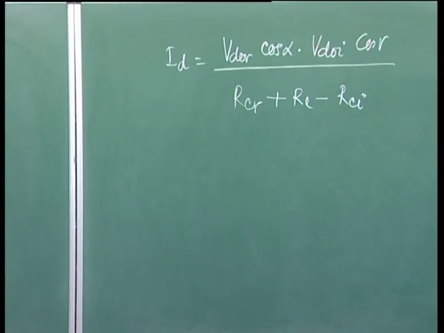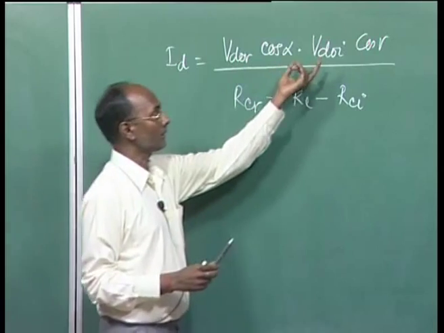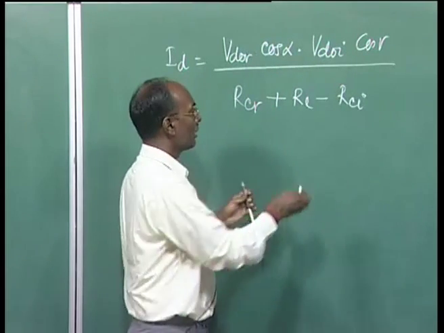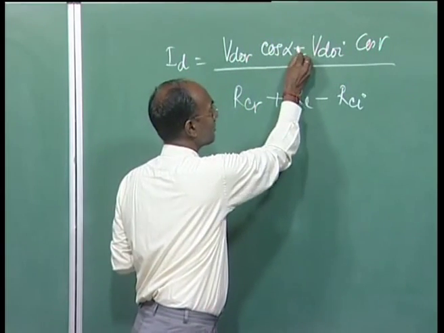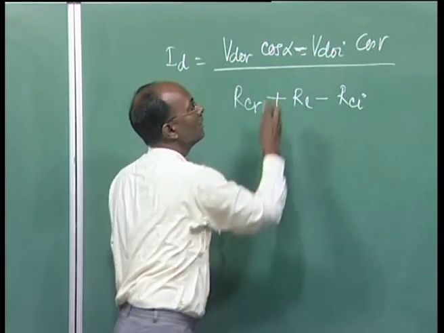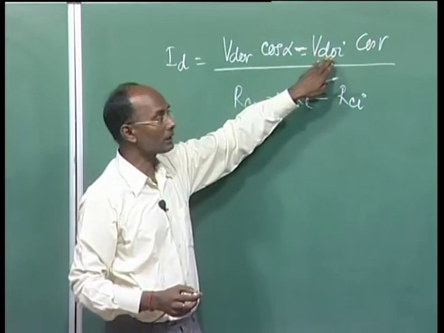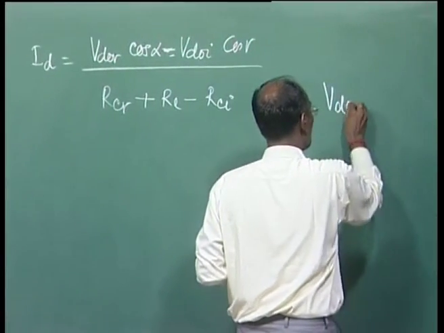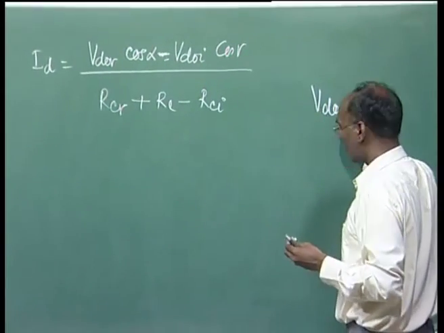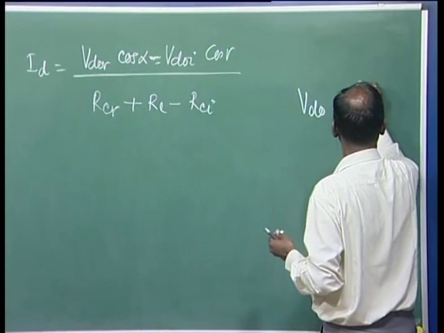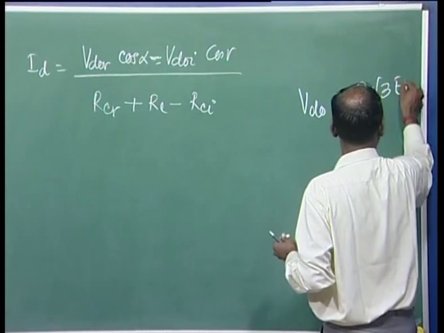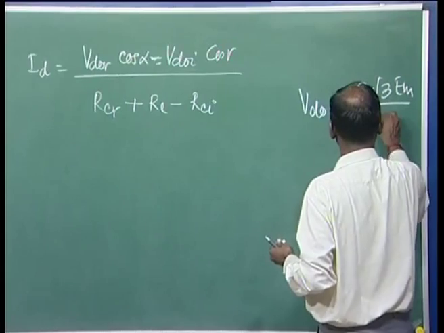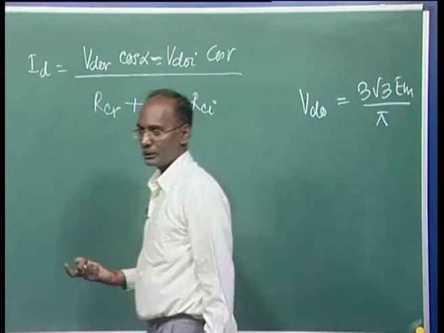So you can see if this is increasing. Here it is minus, actually it is so small. So if this voltage is increasing, this is nothing but your VDO I, which we know is 3 root 2 EM by pi, where EM is basically the phase voltage, that's peak.